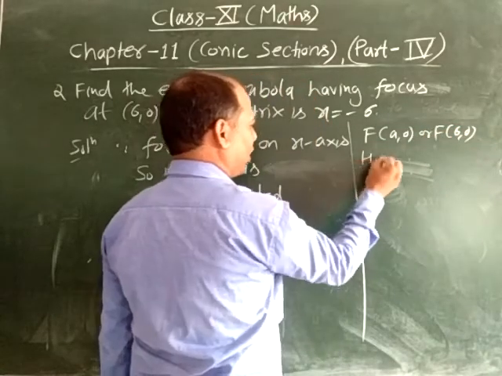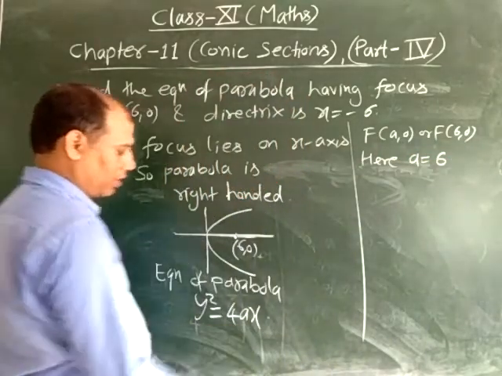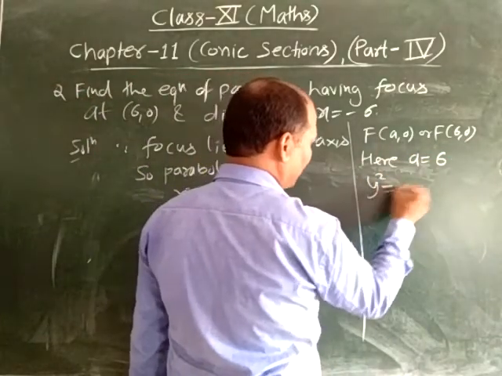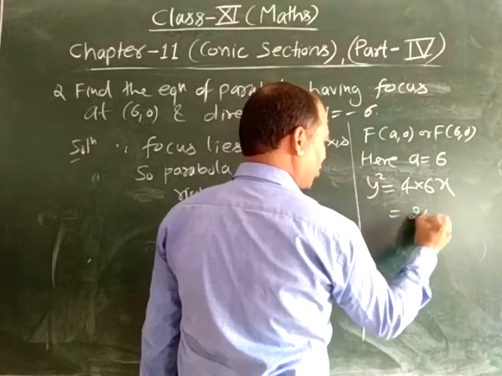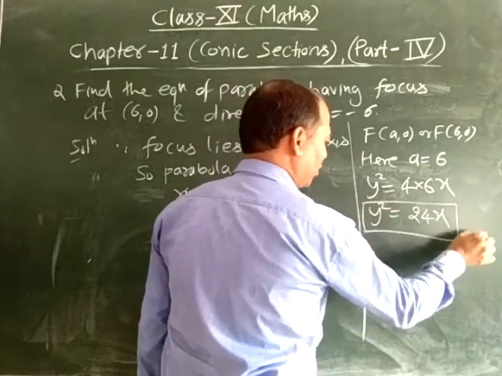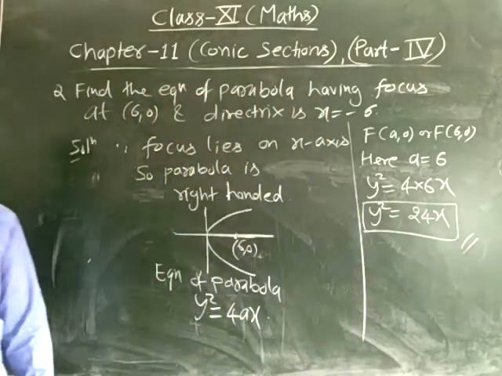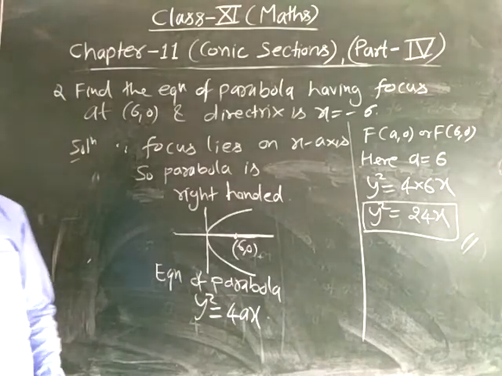So here we have a equal to 6. Putting the value of a in this, we get y square equal to 4 into 6x, which is equal to 24x. So this is the equation of the parabola. It is clear, students?